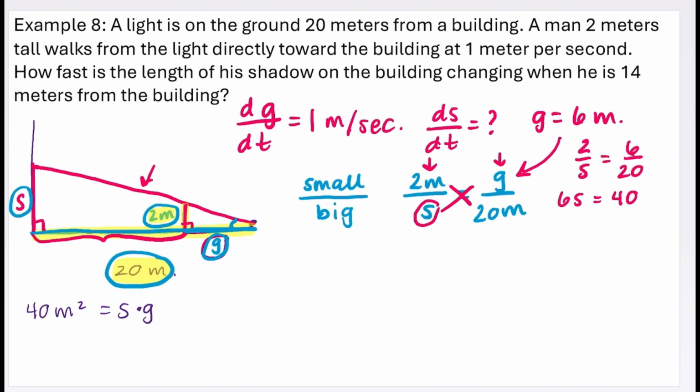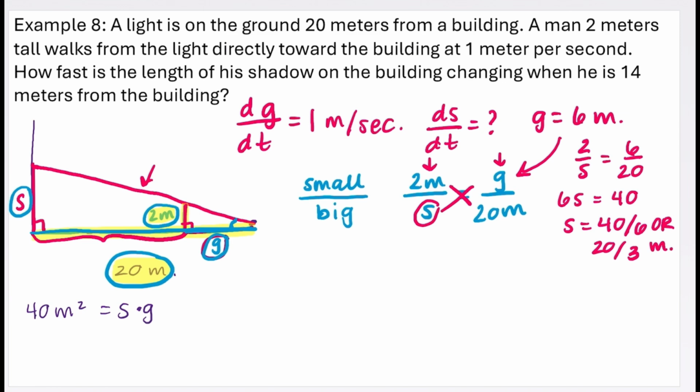And then when I divide, S equals 40 over 6, or 20 over 3. I'm just going to leave it as 20 over 3, just because that's going to be a little bit easier when I'm going through and doing the math. So that'll be 20 over 3 meters. It will end up being like 6.6 repeating, but I'm just going to leave it as 20 over 3.